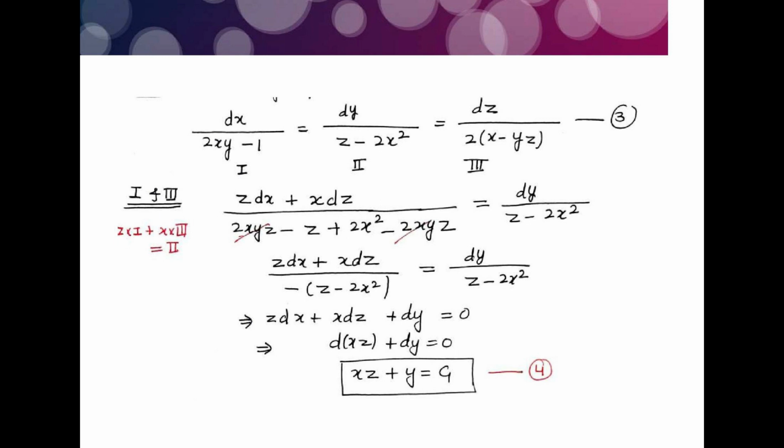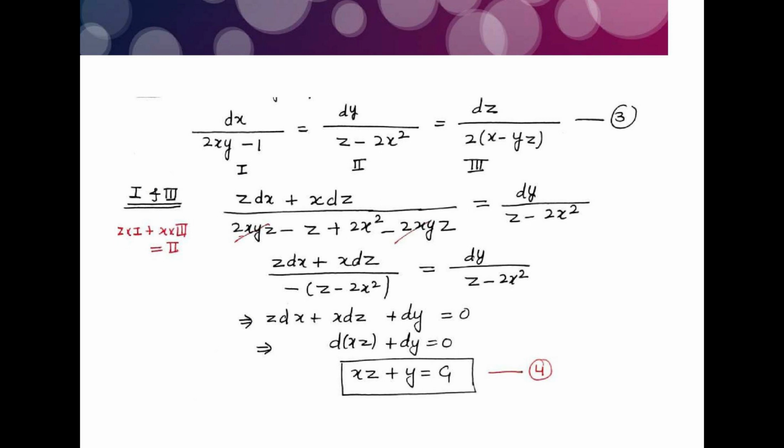See the first term dx. Here we have in denominator 2xy, and with the third term dz, we have minus 2yz. So if we multiply the first ratio by z, then in denominator we will have 2xyz, and we multiply the third ratio by x, then in denominator we have minus 2xyz, and if we add these two, this part will cancel out.